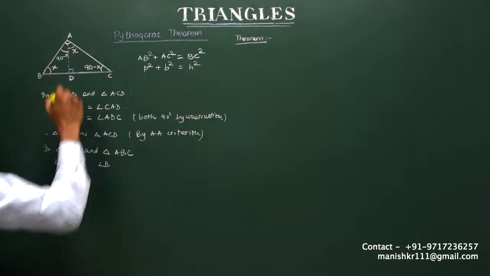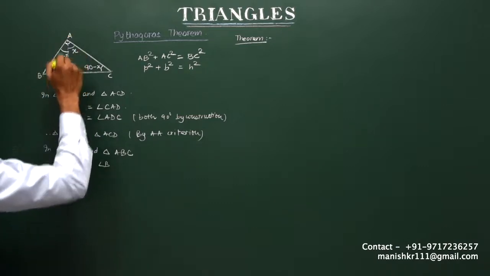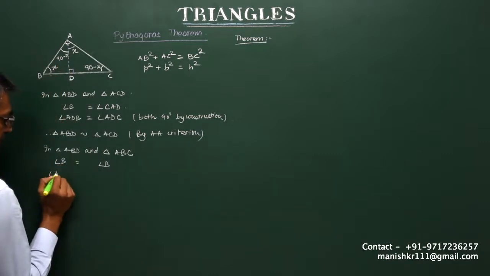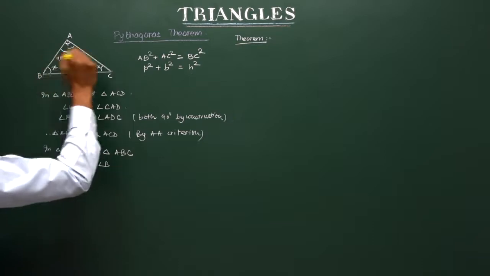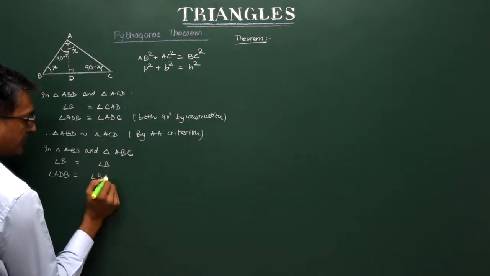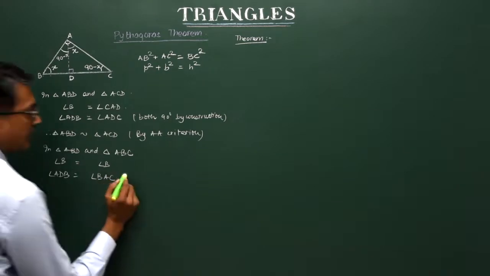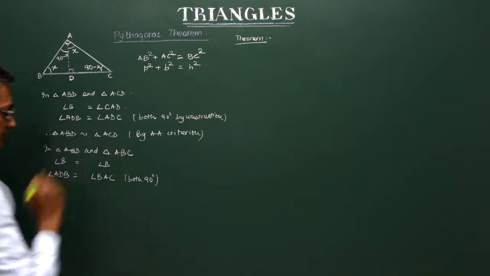Obviously in this smaller triangle, angle ADB is 90 degrees, and it is equal to angle BAC, because angle BAC is also 90 degrees, okay, both 90 degrees.